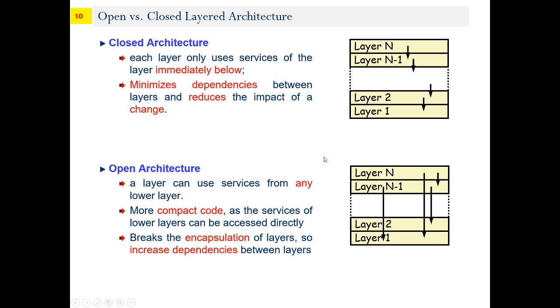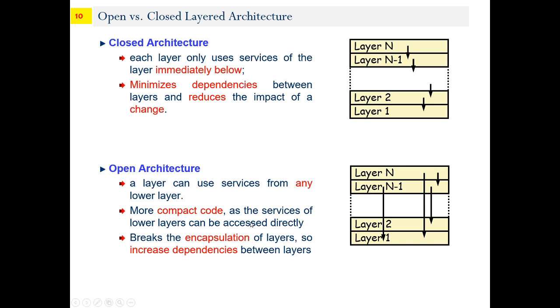In open architectures, the layers can use services from any of the lower layers. Likewise, layer N can directly contact layer 1, and N minus 1 can contact layer 1. So you can have any of the layers communicating with any of the layers.